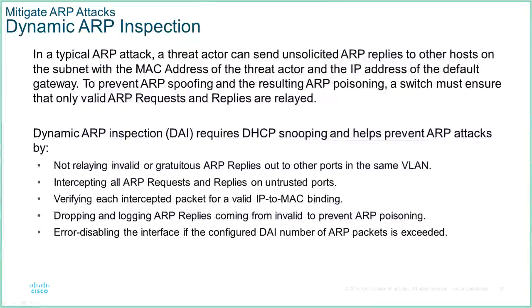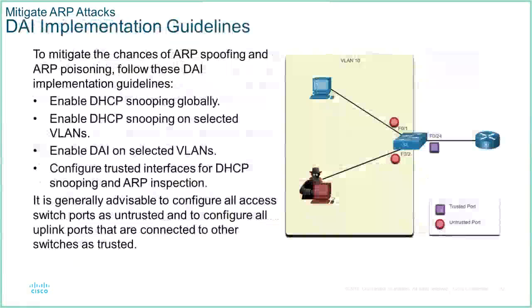And if I get too many of these, I'm going to error disable the port to stop this attack. So here we go. We have our trusted ports and untrusted ports. Remember, we turned on global.